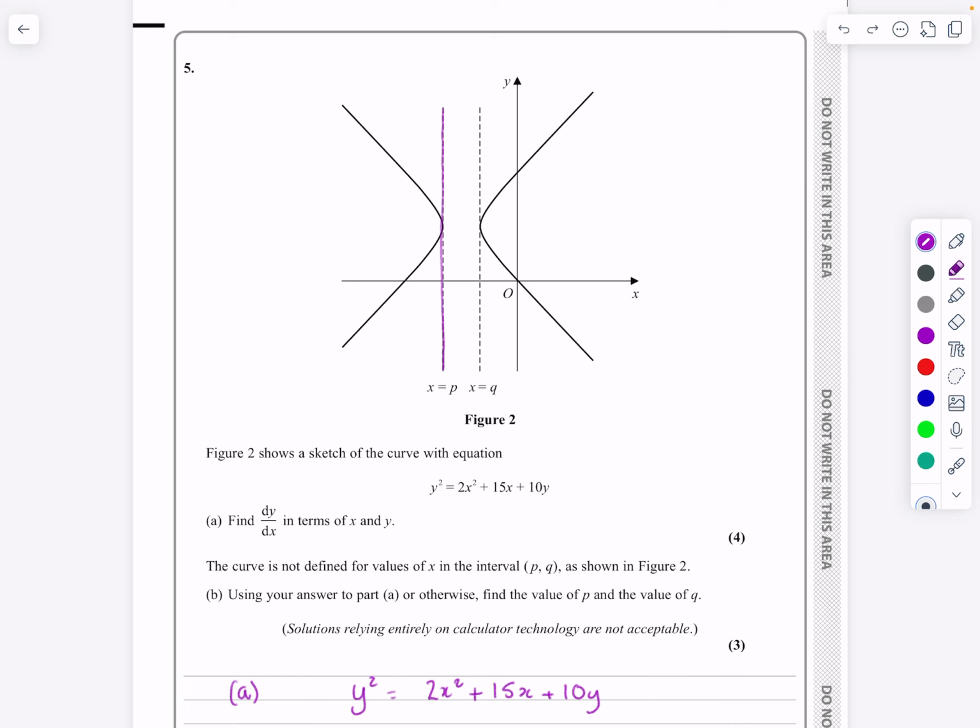And what they're asking us to do is to say, what are the values of P and Q? Well, what I need to do is to look at the gradient at that point and the gradient at that point. Now, you'll be familiar with finding gradient when we have a minimum or a maximum. And with those ones, we say dy by dx is equal to 0 because we've got a flat gradient there.